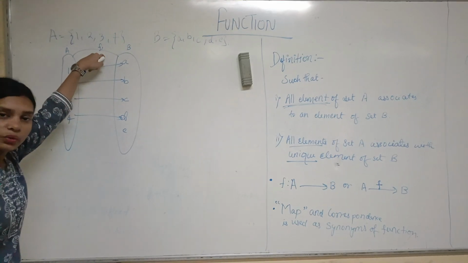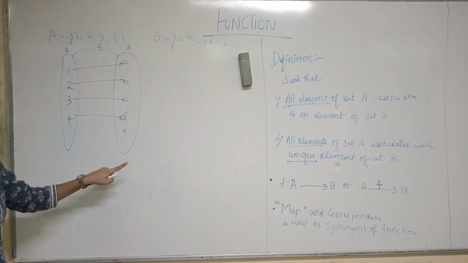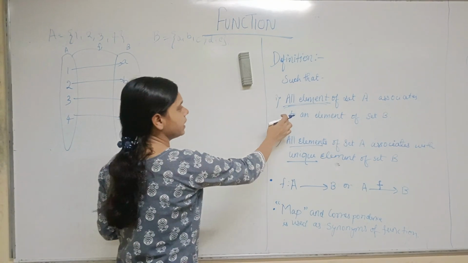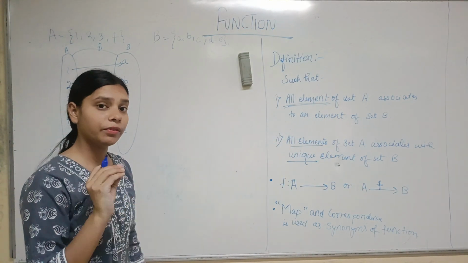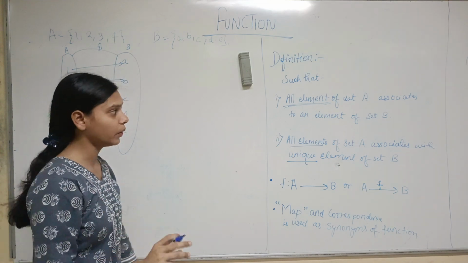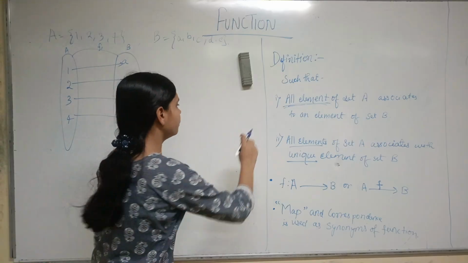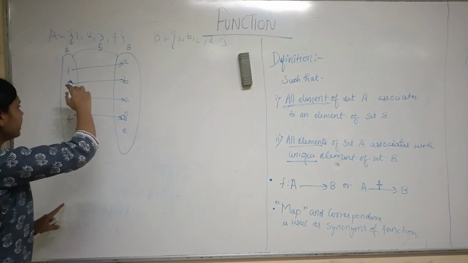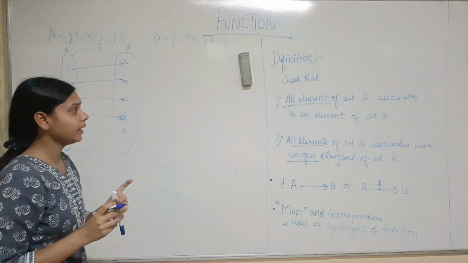Now our purpose is to check whether F1 is a function or not. A and B are two non-empty sets, so the first condition of the definition is satisfied. Now the second condition is about all elements of set A. All elements, not leaving out a single element. All elements is the most highlighted part of the definition. All elements means 1, 2, 3, 4. All elements are associated.